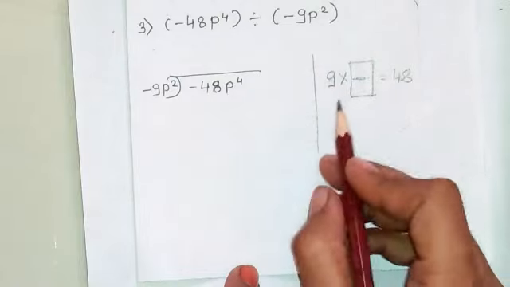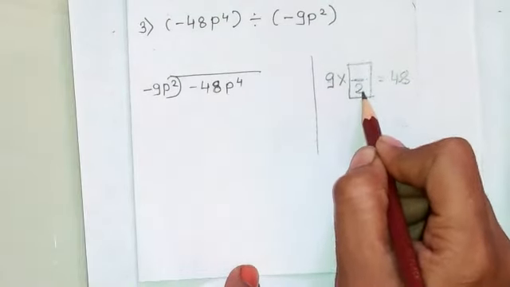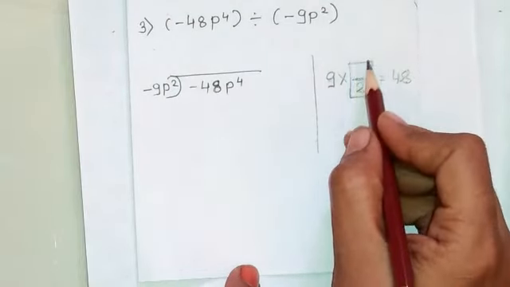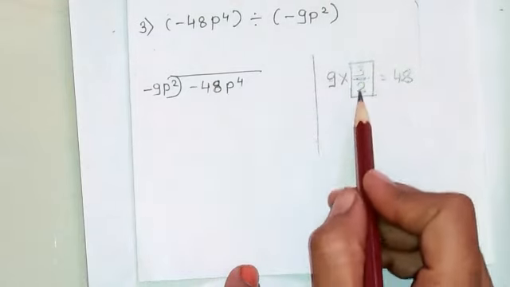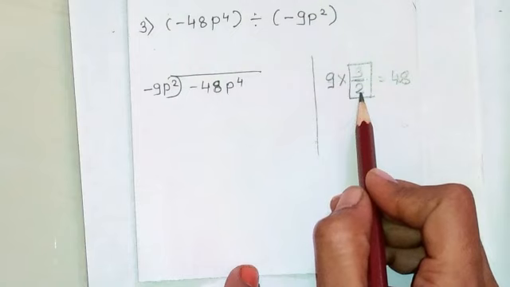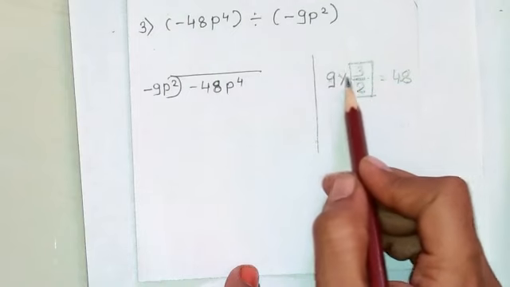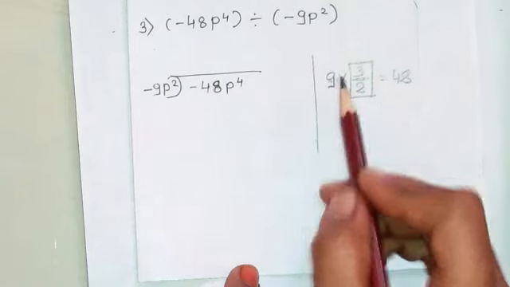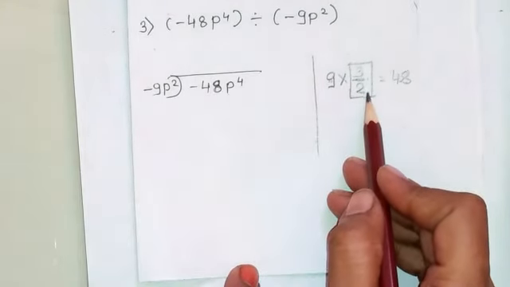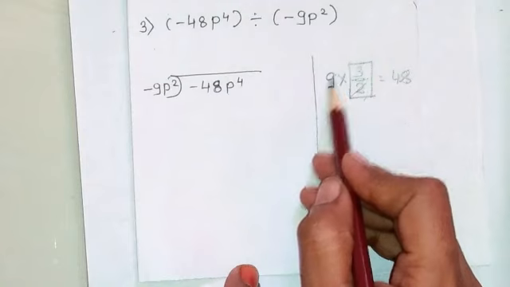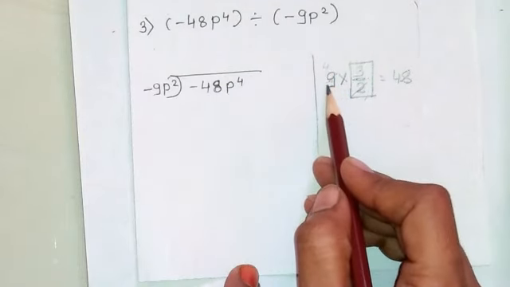The simplest fractional number will have 2 at the denominator place, and suppose the numerator will be 3. Then this 2 is not going to completely divide the 9. 2 ones are 2, 2 fours are 8 only.